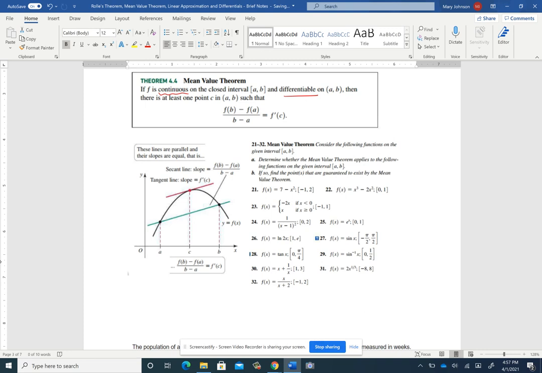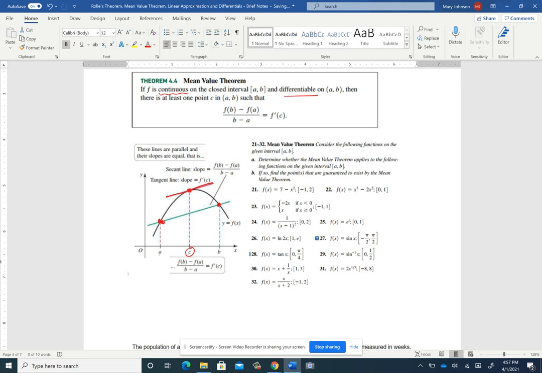So that's what this c is. It's a spot within this interval from a to b where if you look at the tangent line to the curve at that x value, it'll be the same as the average rate of change on the interval.